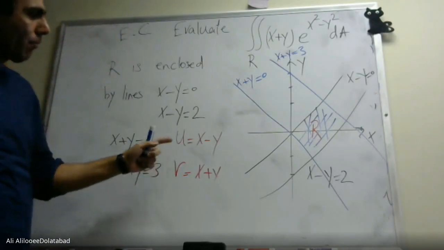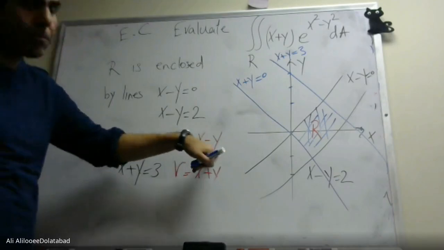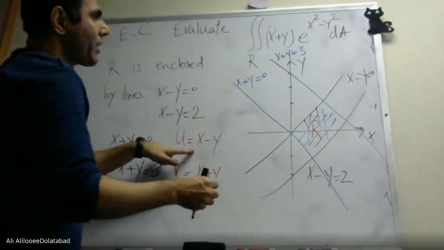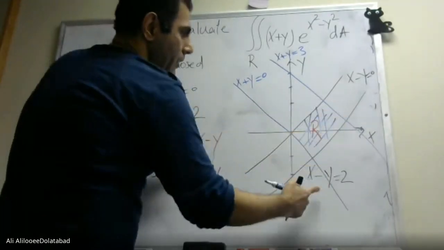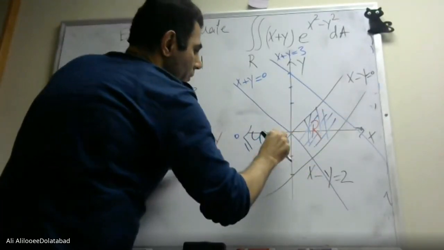Why am I saying that it is appropriate? See, if you define u equal x minus y, then because x minus y is between 0 and 2, you can say the bound for u is between 0 and 2.